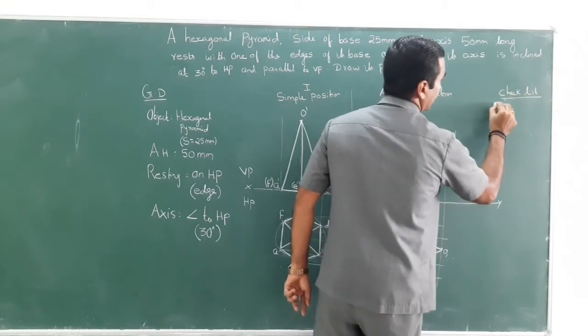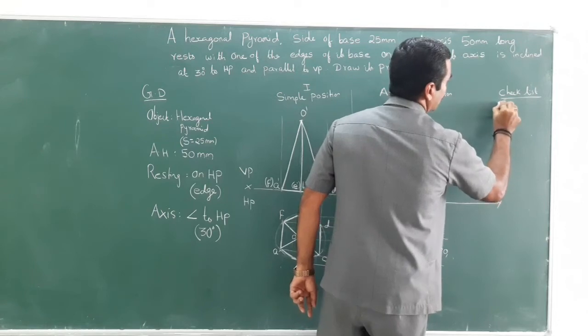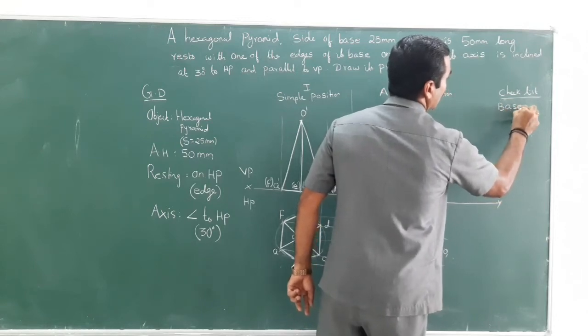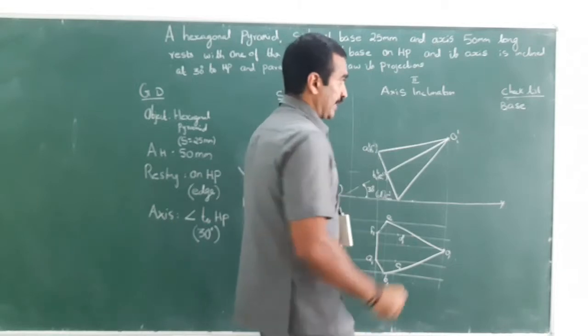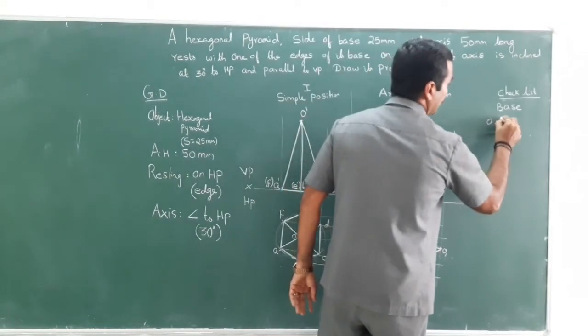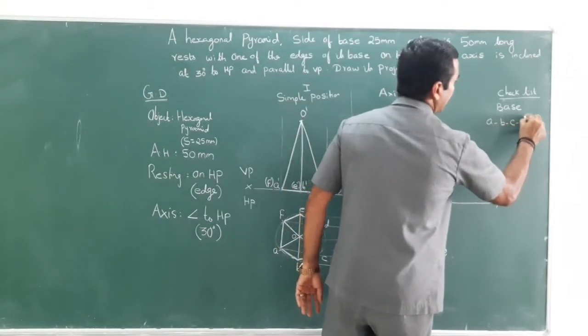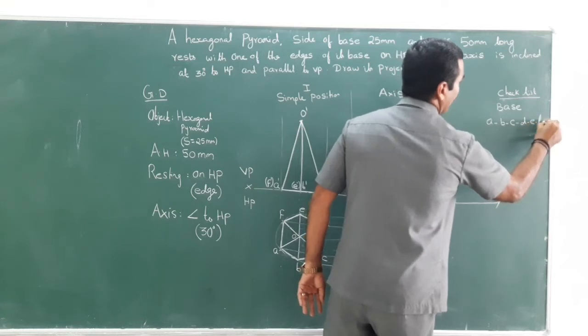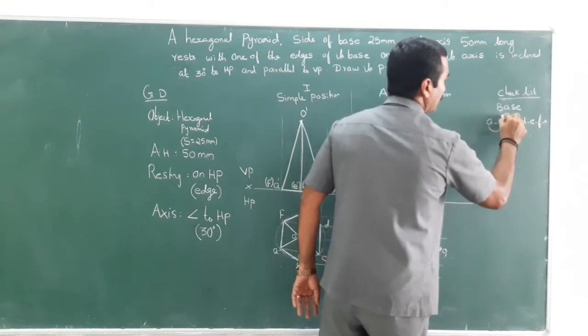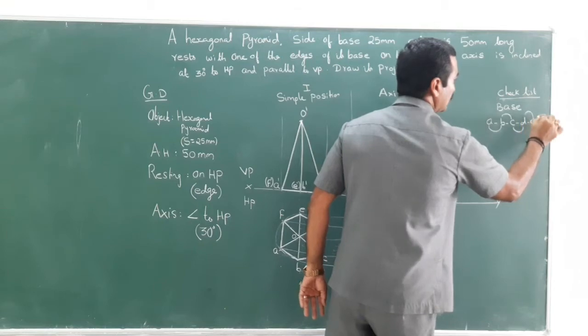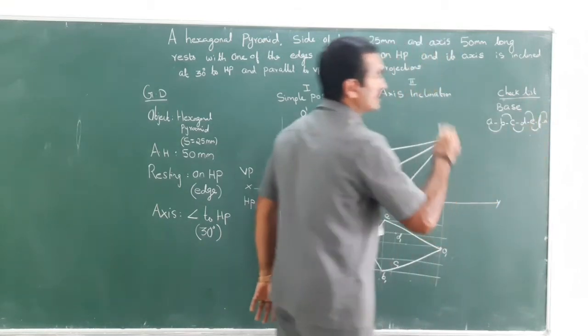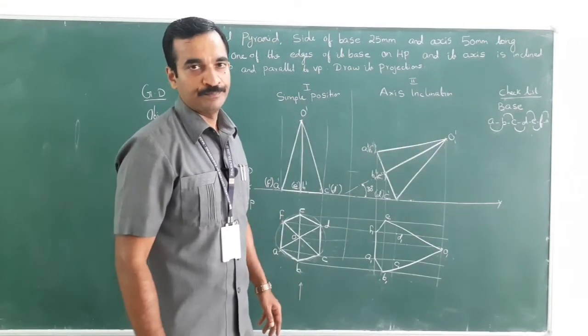So the base, as far as a pyramid is concerned, there is only one base, right? So the base is A to B, B to C, C to D, D to E, E to F and F to A. This is how it's been connected, right?